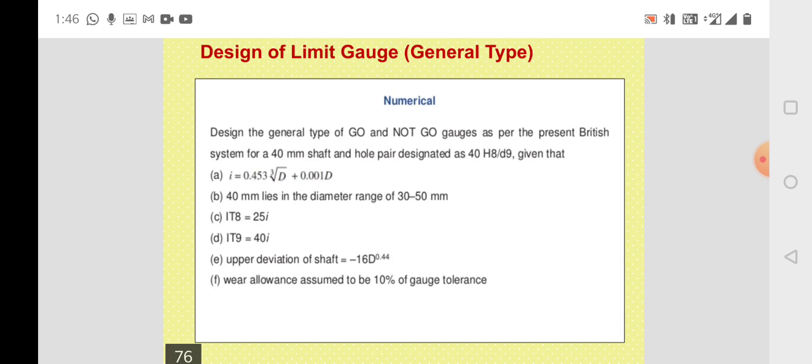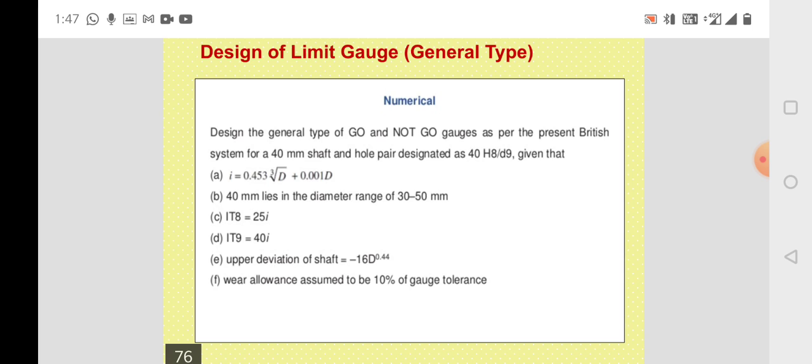For a 40 mm shaft, means the basic size is 40 mm, and the hole pair designated as 40H8/D9, given the values of all this. So the assembly for the hole and shaft is designated as 40H8/D9. So it means what? 40 is the basic size.